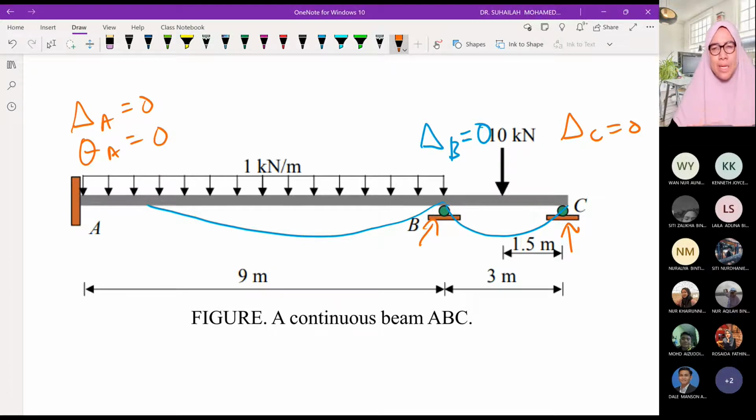But what happens at B? For theta at B and theta at C, we can see the curve.